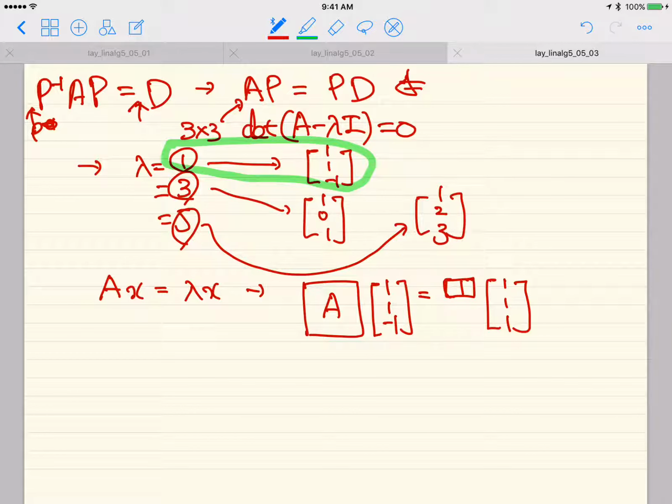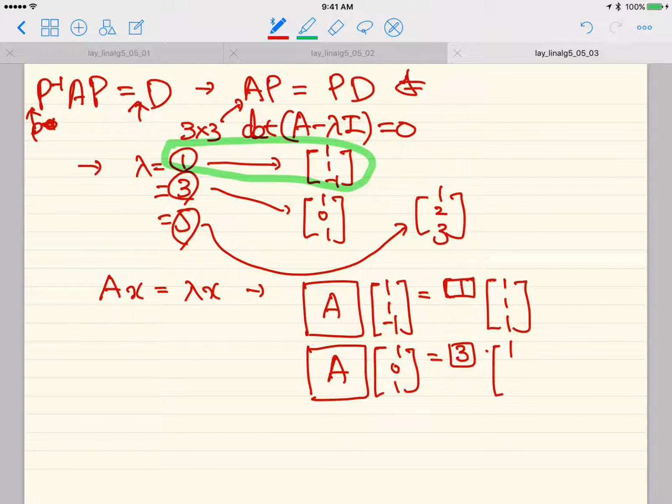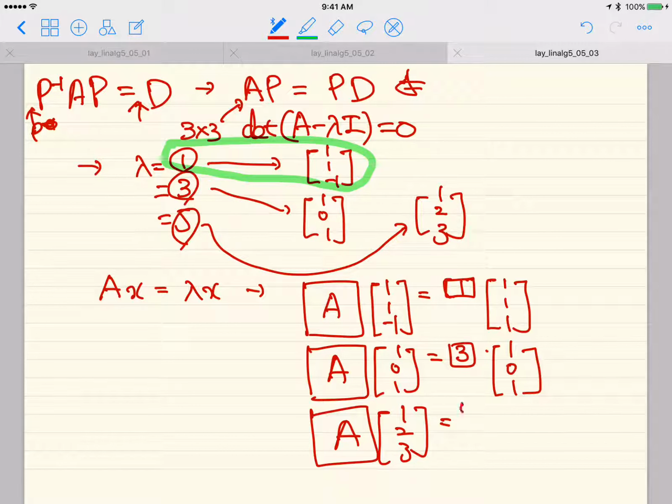It should be satisfied. And then the second one is A times (1, 0, 1) equals 3 times (1, 0, 1). So that will also be true. And another one is, yeah, it's just tedious, but let's write it one more time: (1, 2, 3).